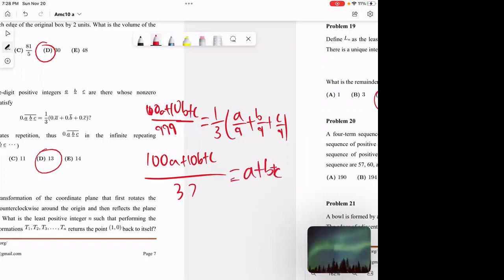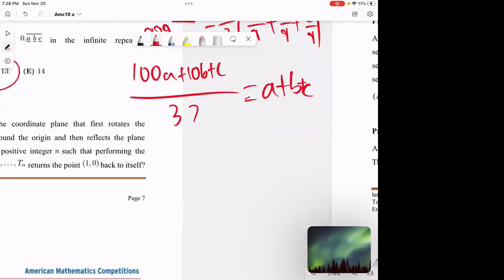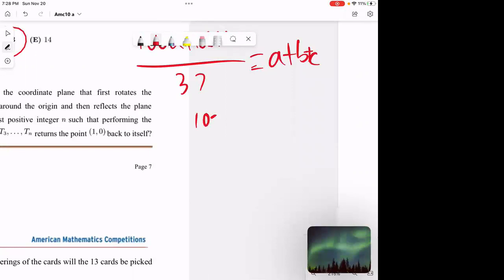So then that means 100A plus 10B plus C equals 37A plus 37B plus 37C.